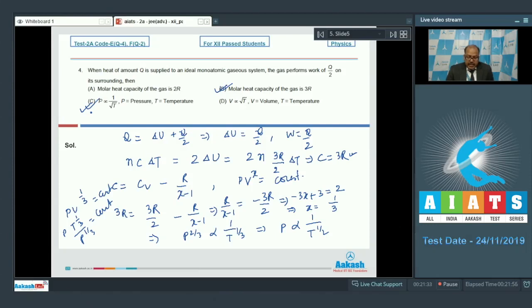If we do that, we get T into V to the power minus 2 by 3 is a constant, and so V is proportional to 1 by T to the power minus 3 by 2, which doesn't match with option D. So option D is incorrect. Options B and C are correct. We can now go to the next question.